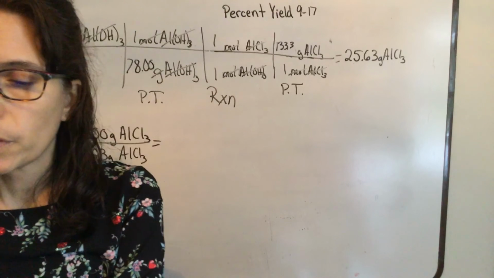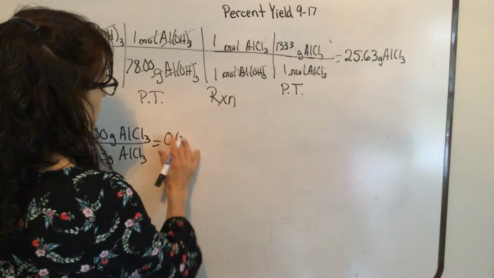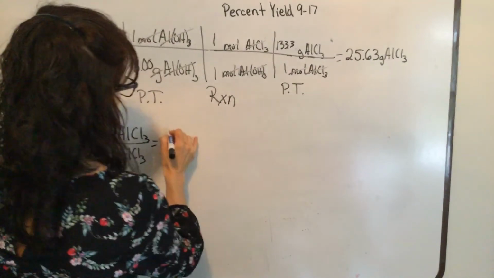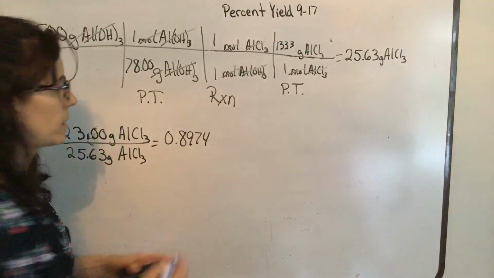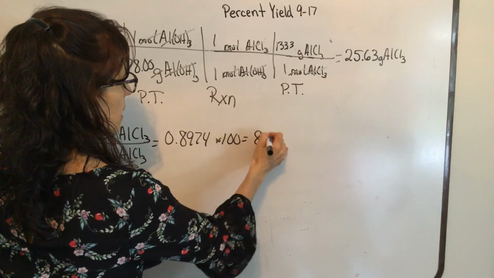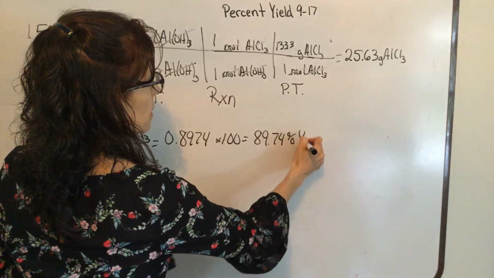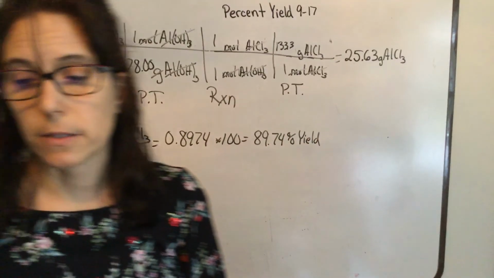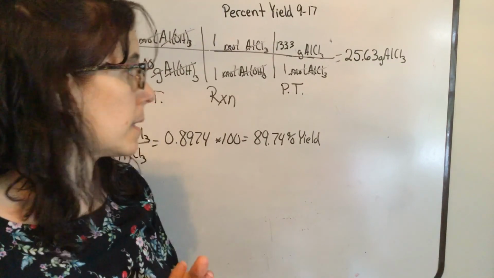So we'll get this ratio of 0.8974. 0.8974 gives us a ratio times 100, and we got an 89.74% yield. It's actually a really good reaction if you get 90%, and that is close to 90%. So that would be a great yield in the lab.